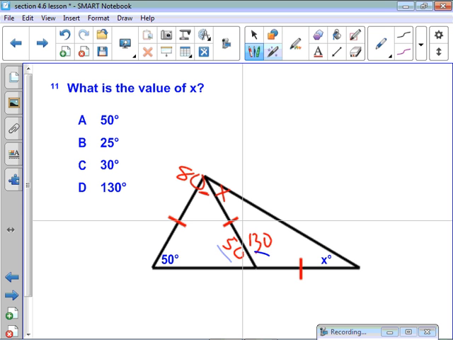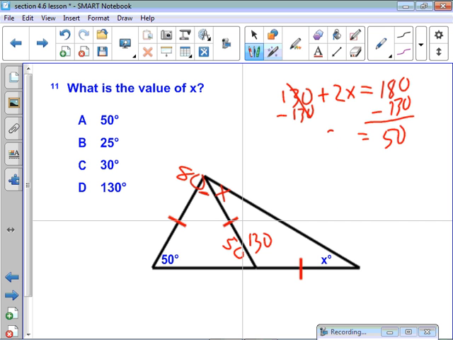And if this is 130, then these two here are the same, so we can write this little equation here. 130 plus 2x equals 180. Take away 130 from both sides. We get that x equals 25. And we can go on to our last question.